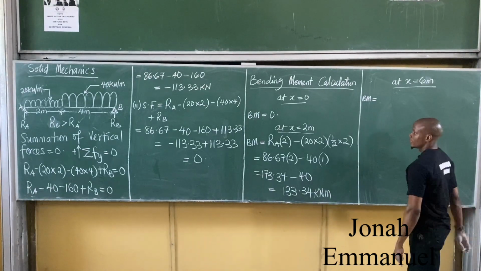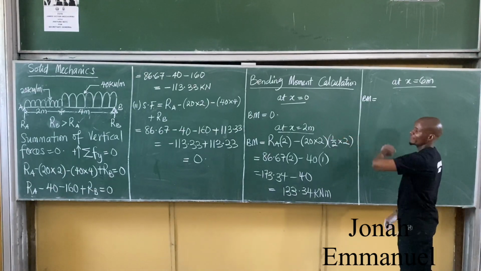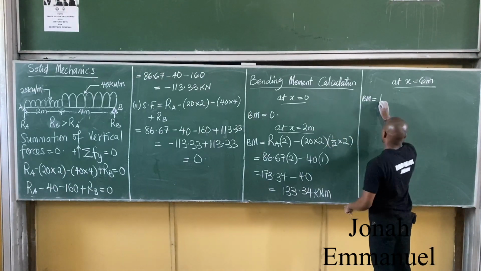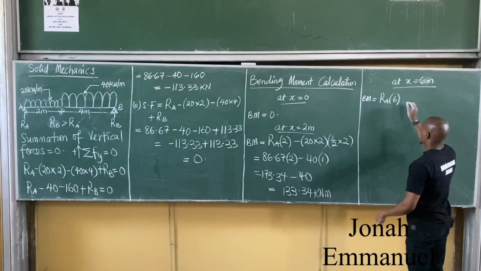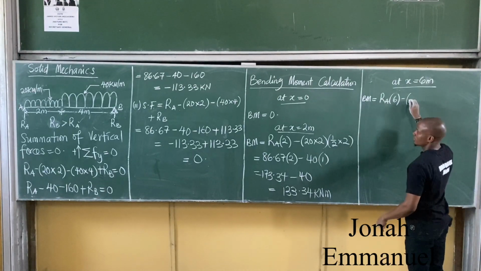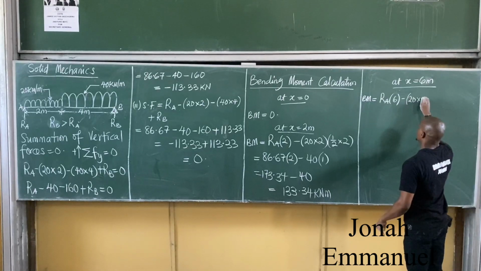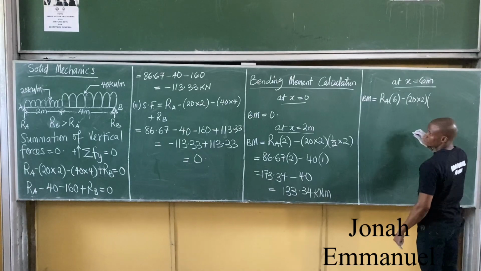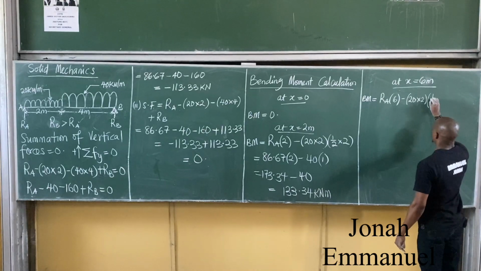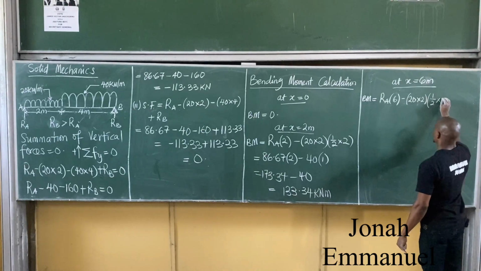What do I mean? Give me at x equal to 6 there. Give me the value. What do you have there? RA times what? 6, minus 20 times 2, into what there? 1 over 2 times what there? 2.